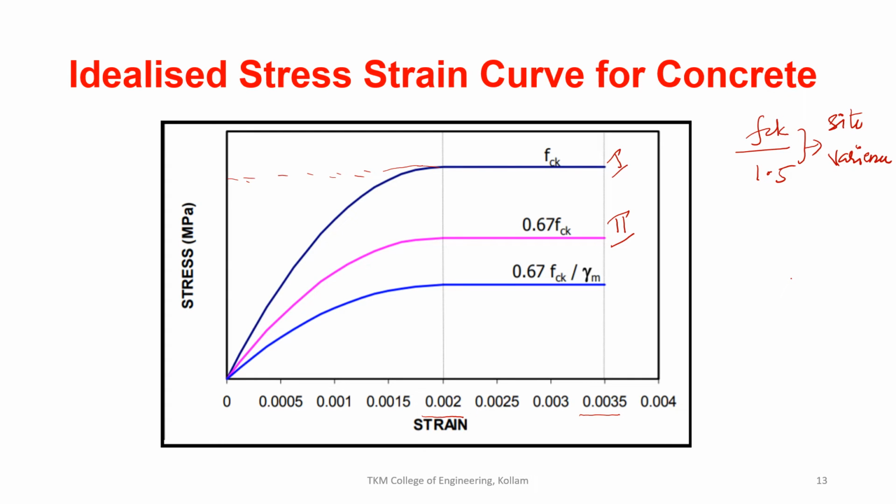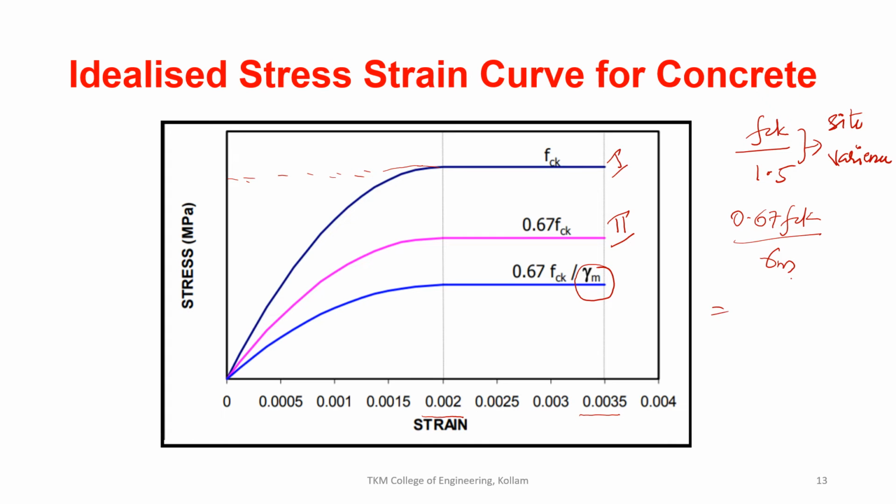Now according to the limit state design, we will apply the factor of safety, that is 1.5 for the material. That is, for concrete, the factor of safety is 1.5. We'll apply that factor of safety, and we will get the curve as 0.67 FCK divided by gamma m.